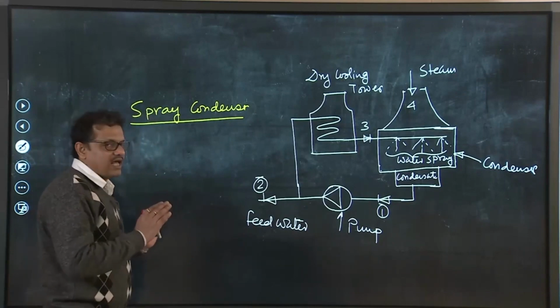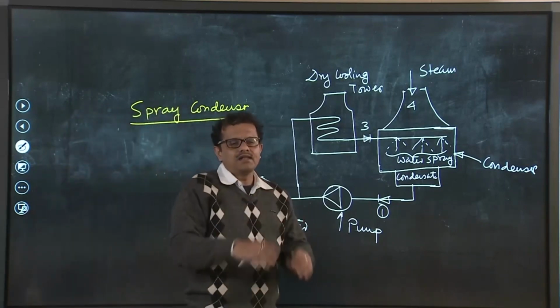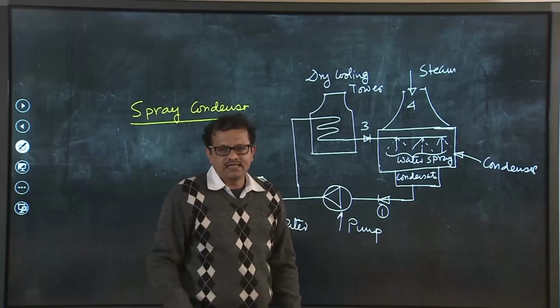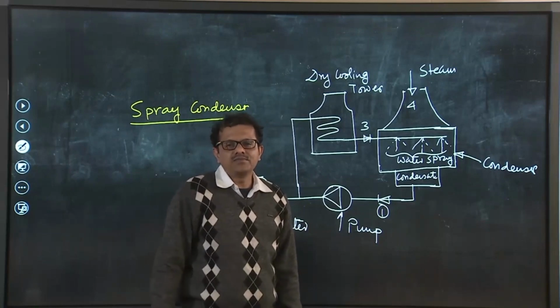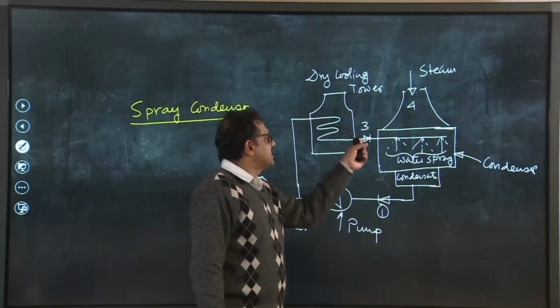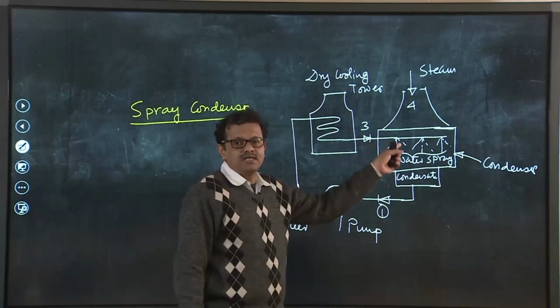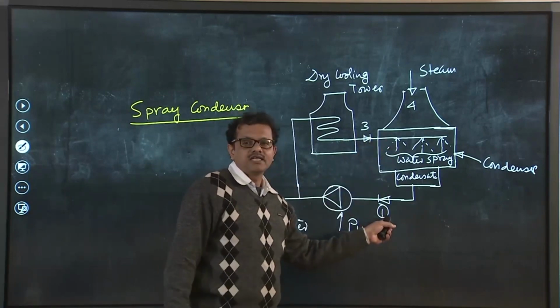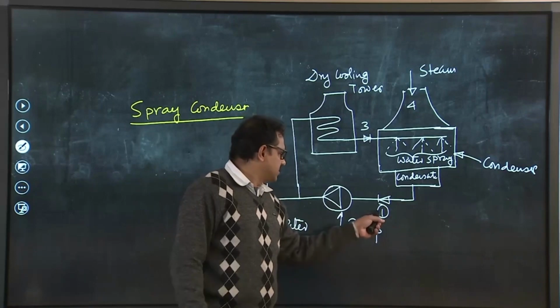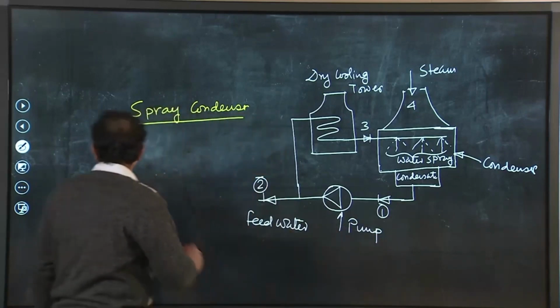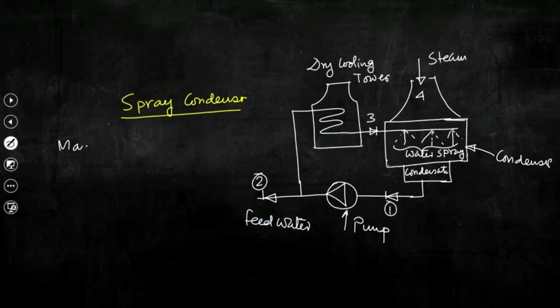So, if we try to have a simple mass and energy balance analysis, then we will come to know the amount of water that is needed to be supplied per kg of steam to get the saturated liquid at the inlet of the pump. So, if we write mass balance, what we can write?